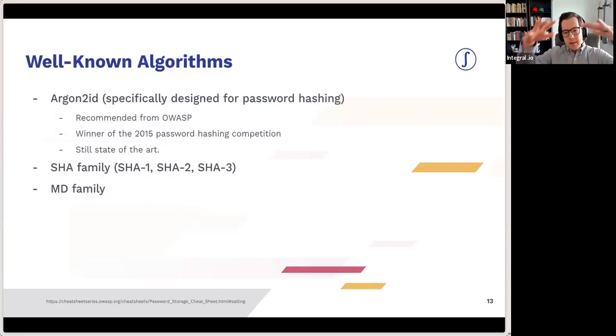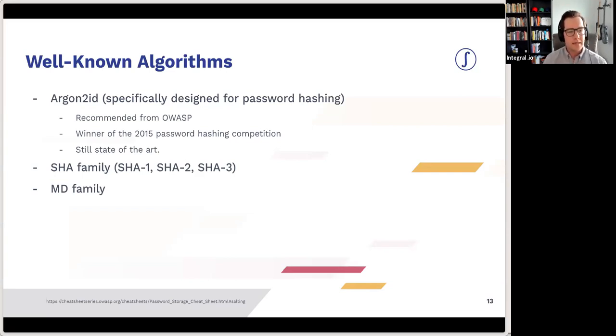In the umbrella of hashing algorithms, there are some well-known, specific algorithms. The one that is currently recommended from OWASP, a very well-known security organization, is called Argon2id.